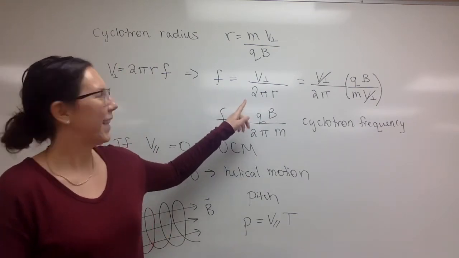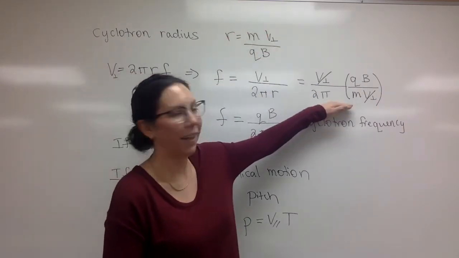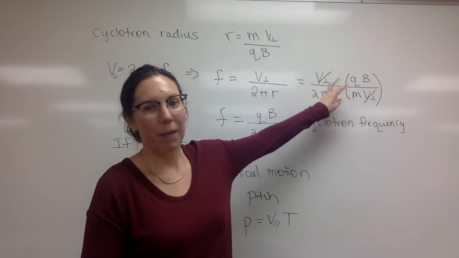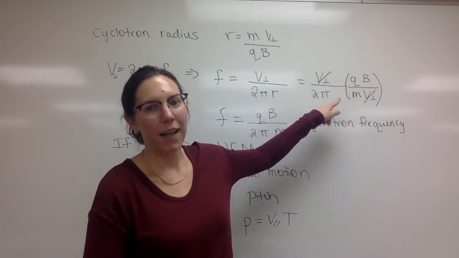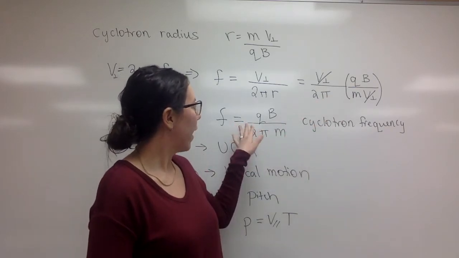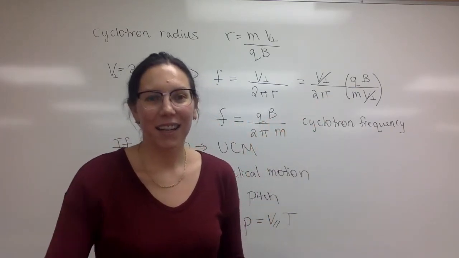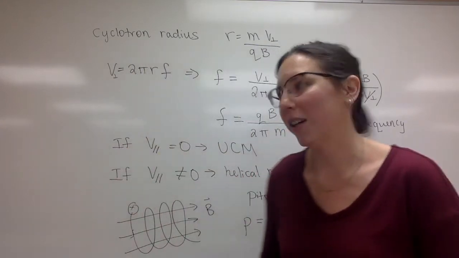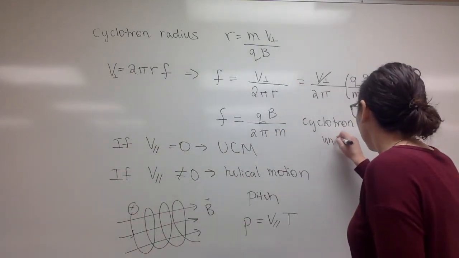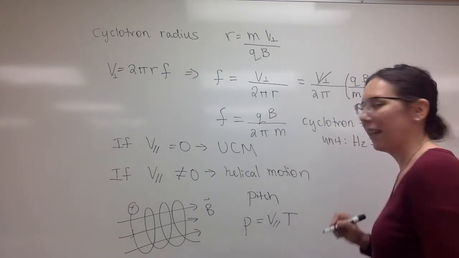Rearranging for that frequency, we have that speed over 2 pi r, and then plugging in r here, you can see that it flips because it's in the denominator, and then that speed cancels, and we're left with f equals qB over 2 pi m, and that's the cyclotron frequency. It's measured in hertz, which is 1 second inverse.